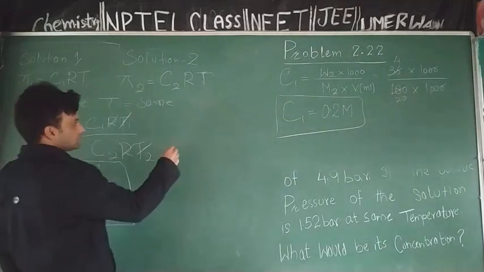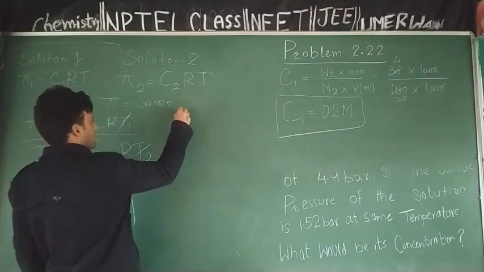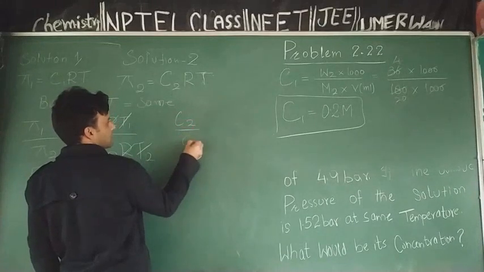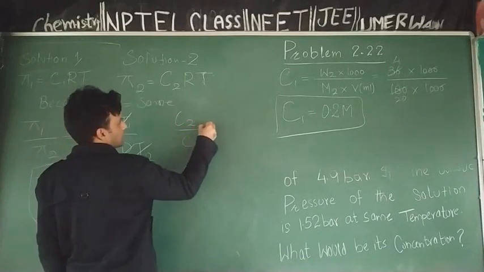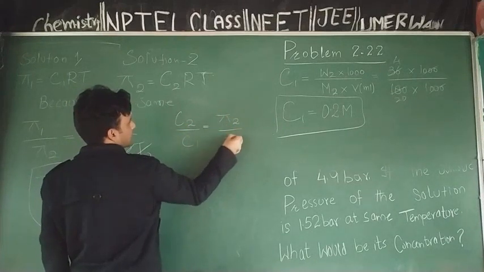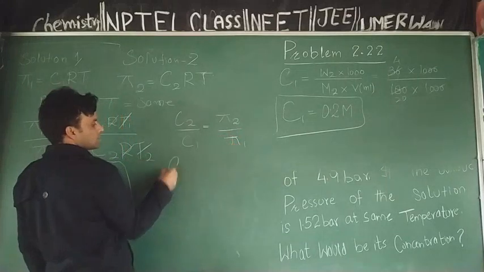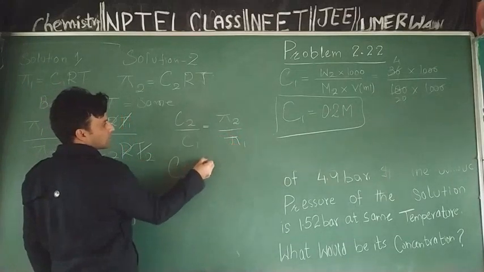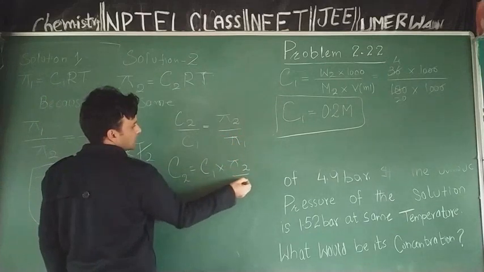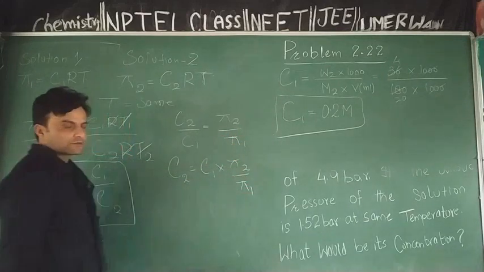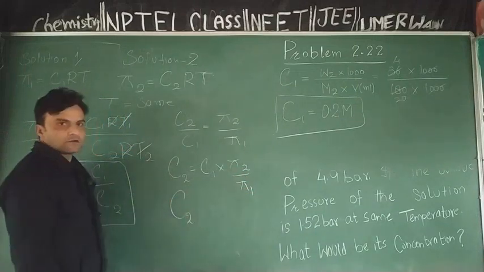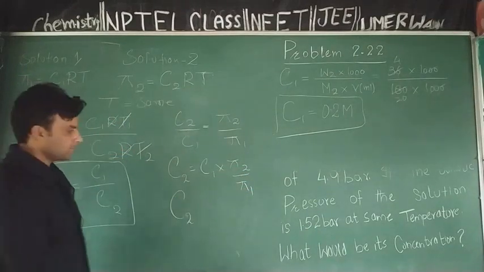I need to calculate C2. I may write C2 divided by C1 is equal to pi 2 divided by pi 1. C2 will be equal to C1 multiplied by pi 2 divided by pi 1. I will substitute now values of given, calculated and known parameters.